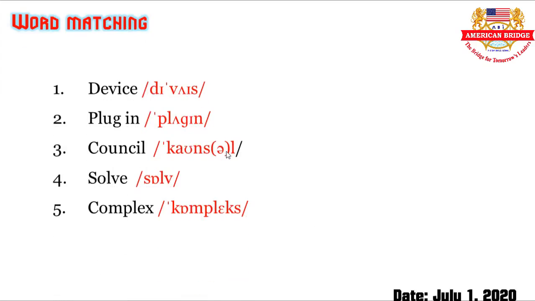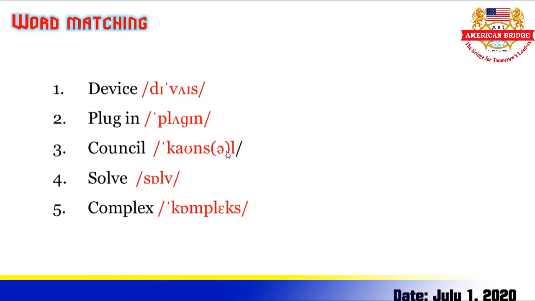Okay. So the teacher would like you to see some of the vocabulary. We have only 5. First of all, device. You can see the phonetic symbol. The word number 2, plug-in. You can also say it separately, like plug in.